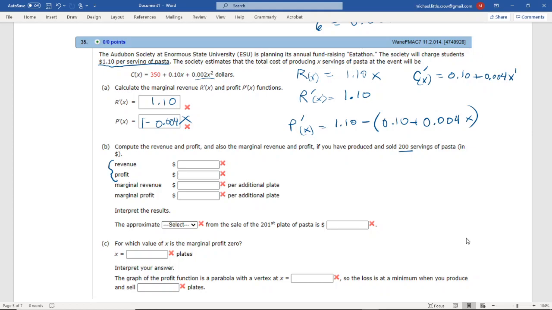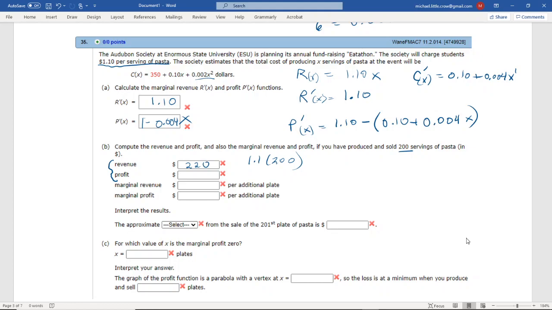It's going to be profit is revenue minus cost. So anyway, revenue, the way we calculate that is just 1.1 times 200. So that 1, 2 moves the decimal over 2 places. 1, 2 would be 110, so 220.